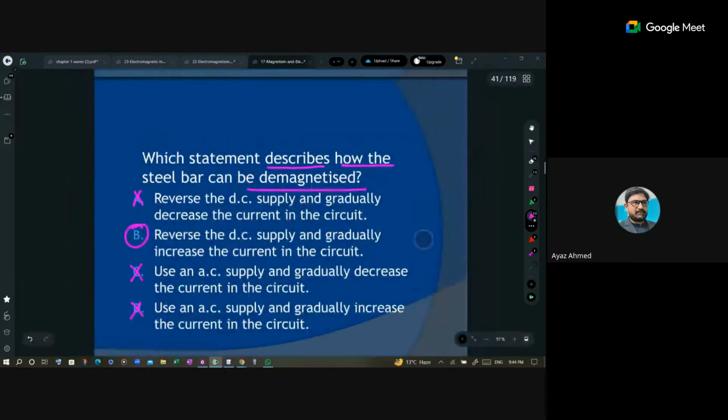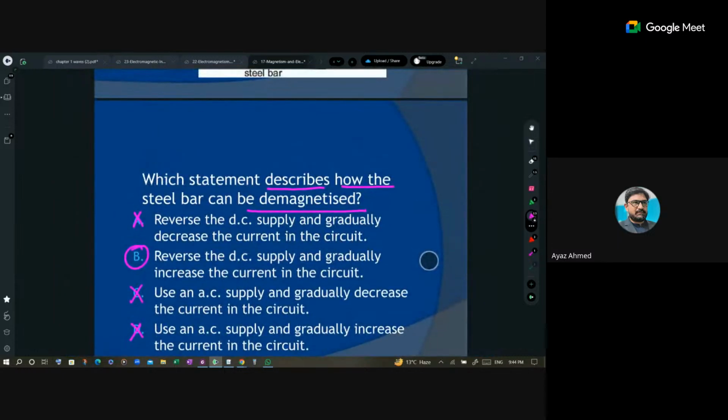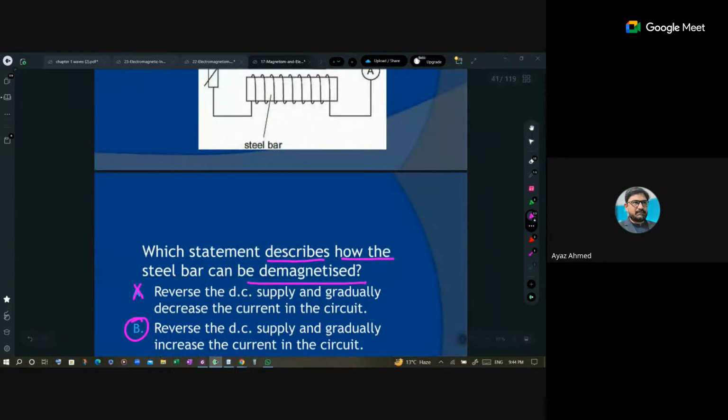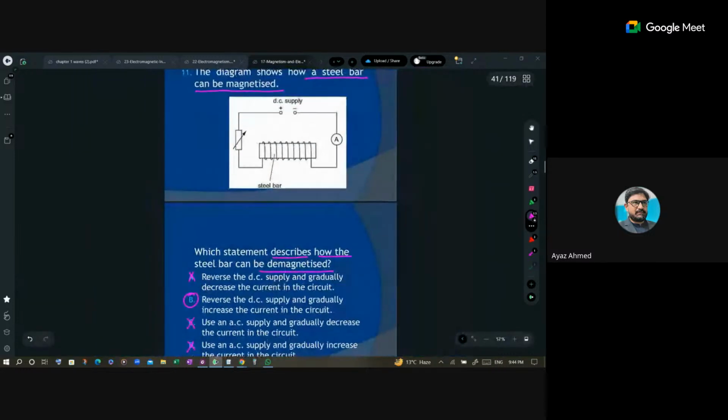Okay, are you getting it? Oh no, sorry. Oh my god. This was for demagnetization. Yes, it is demagnetization. My God, after so many classes, magnetization and demagnetization got mixed. Then it's demagnetization.